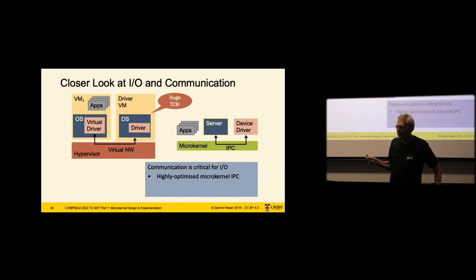But what it comes down to in I/O, communication between the device driver at least and the rest of the system is really critical. And in the microkernel case, this is done by highly optimized IPC, whereas in the classical hypervisor case, this is done by some sort of a virtual network abstraction and therefore less efficient.